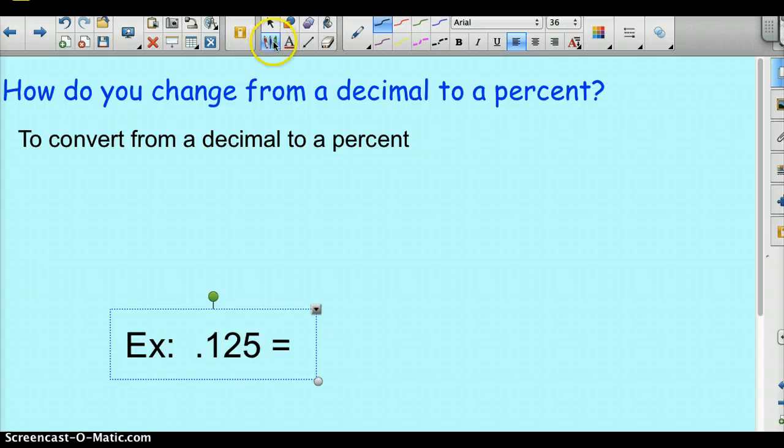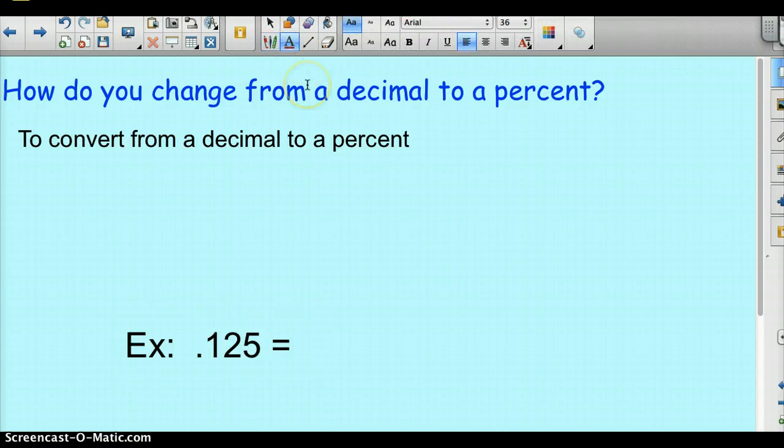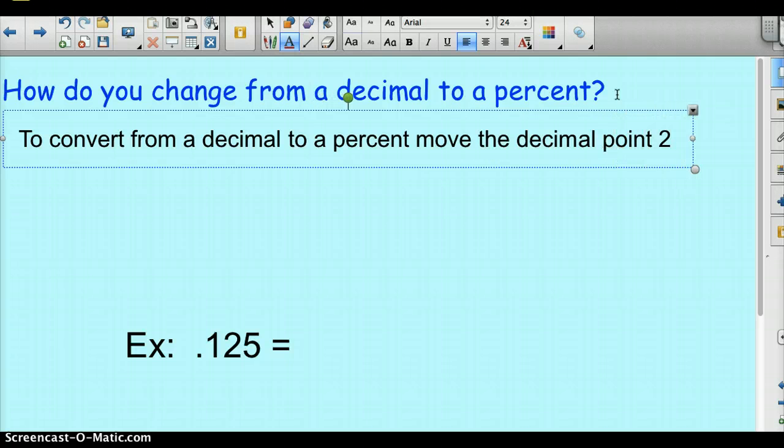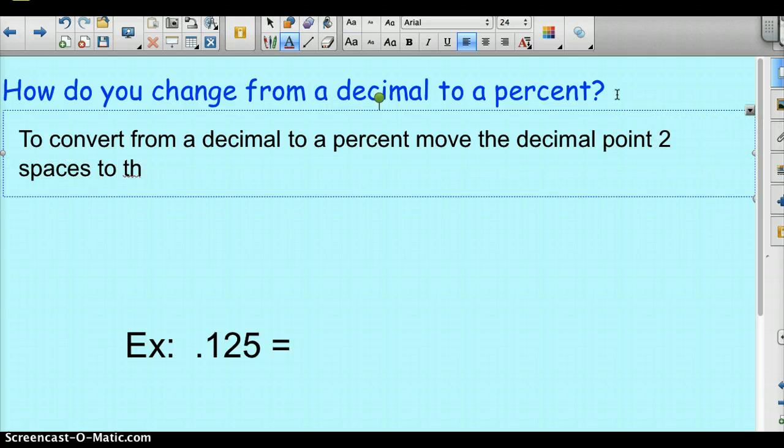Now we've got to do a different conversion here. Now we're going to convert from decimal to a percent. This one's pretty easy actually. To convert from decimal to a percent, move the decimal point 2 spaces to the right. See, we already did this.